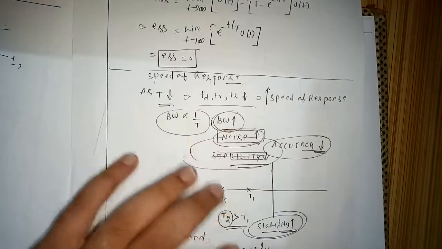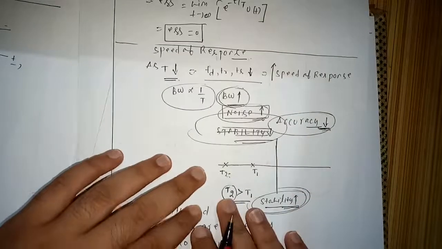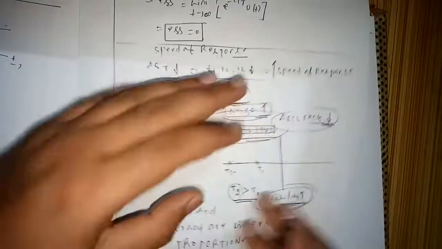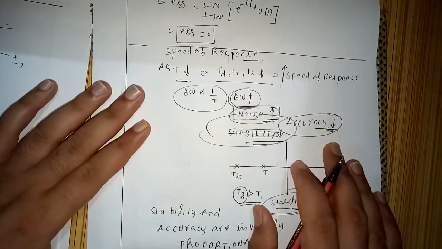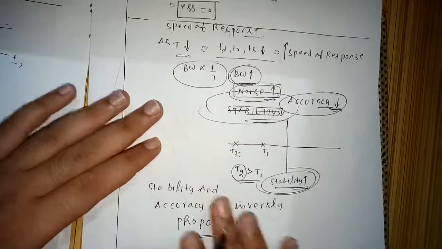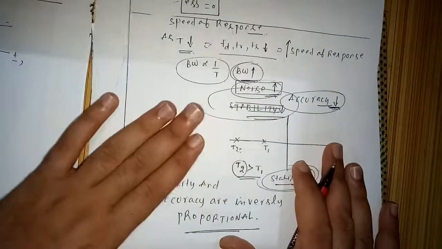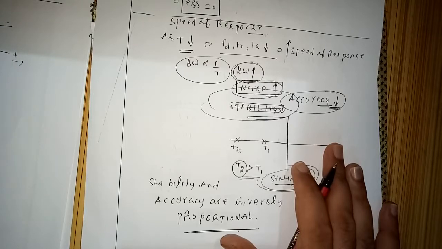But moving away of poles means the time constant decreases, and a decrease in time constant means bandwidth increases, noise also increases, and accuracy decreases, right? And this stability, accuracy and speed of response depend only on the system, because the time constant is nothing but RC, an element of the system.